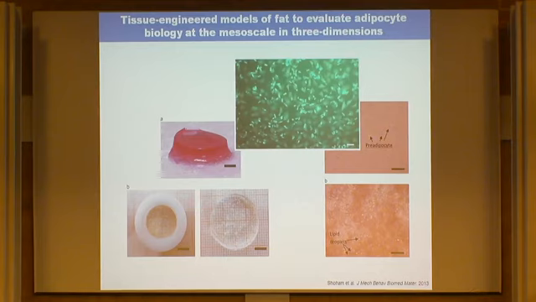So we have basically developed models of obesity in a tissue engineered model system, where we see these cells in hydrogels and stimulate them biochemically to differentiate. We see again these lipid droplets forming in the cells. This is basically tissue engineered fat. It's not yellow, it's red, but this is just because of the color of the medium that we are using. But there are fat cells in it.